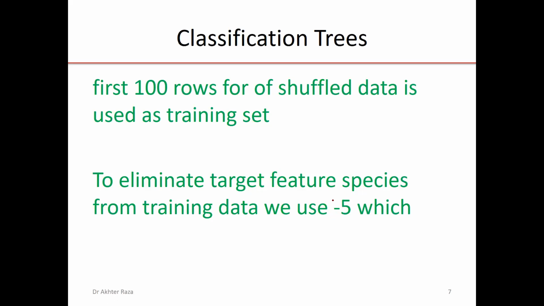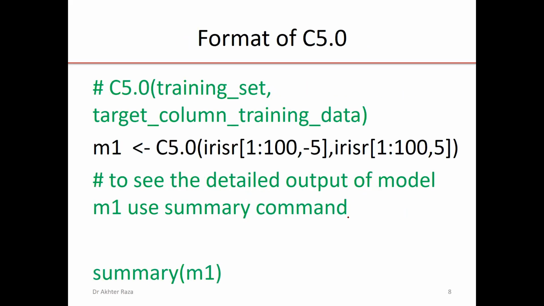So -5 indicates that the fifth column, which is the class variable, has to be taken separately. So iris R[1:100, -5], or iris R[1:100, 5] for the target column, for the training data.